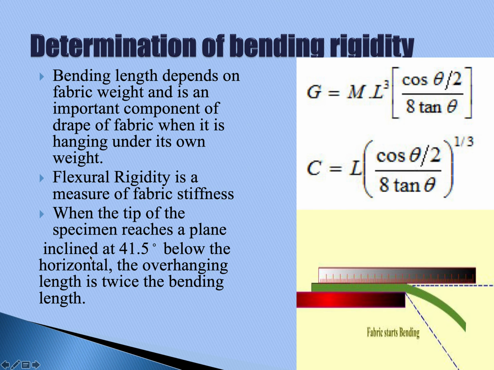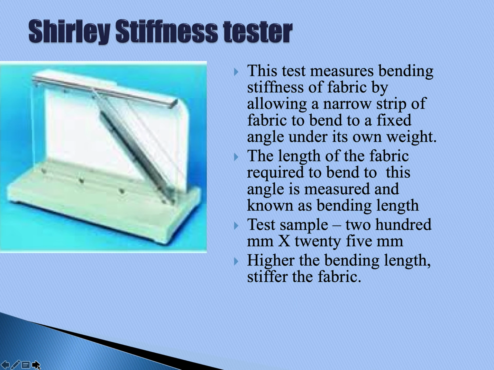So we need to make this correction while measuring the bending length, that is the L will be twice that of C. So we need to make this correction when we are determining it at an angle of 41.5 degrees.